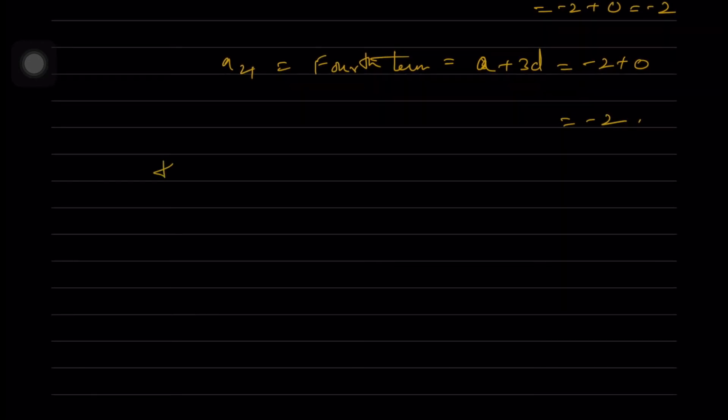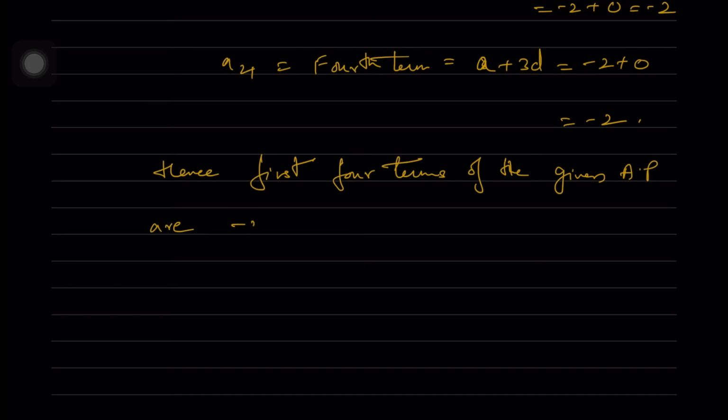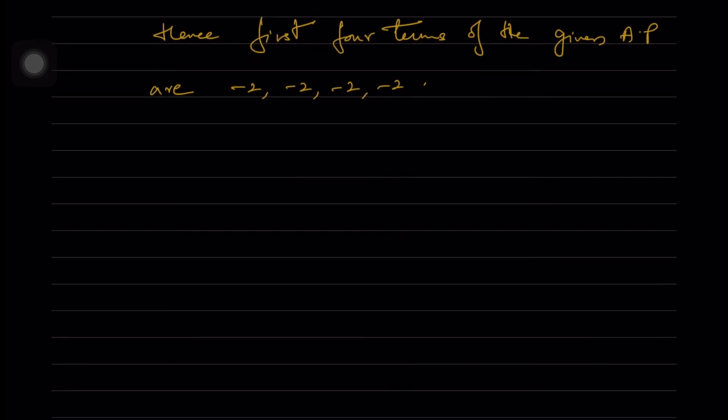So the first four terms of the given AP are minus 2, minus 2, minus 2, minus 2, four times.